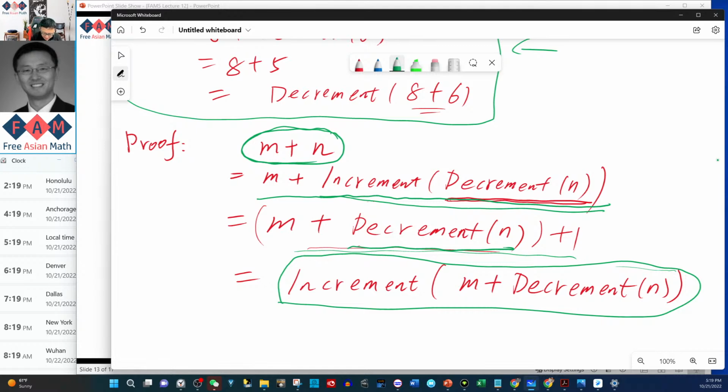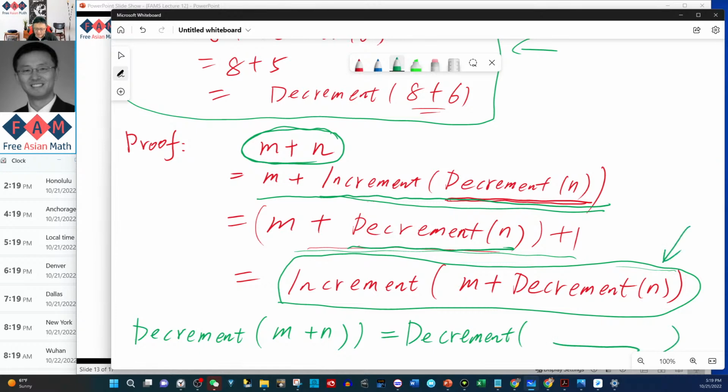Now we use decrement on both sides. In other words, now we decrement m plus n, which is on the left-hand side of this established equivalence. This must be the same as decrement of this whole thing right here, right?